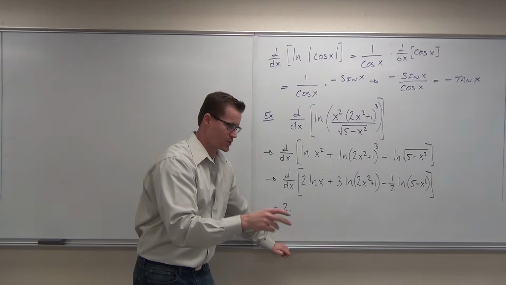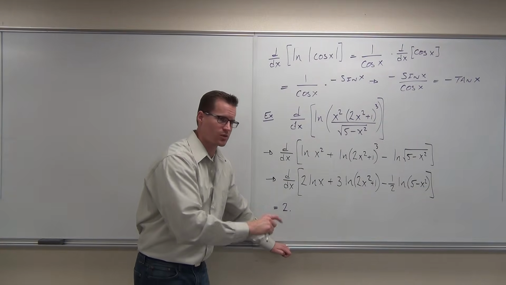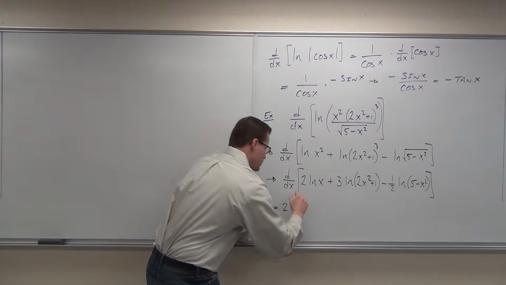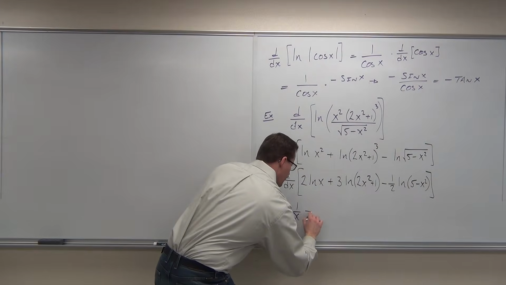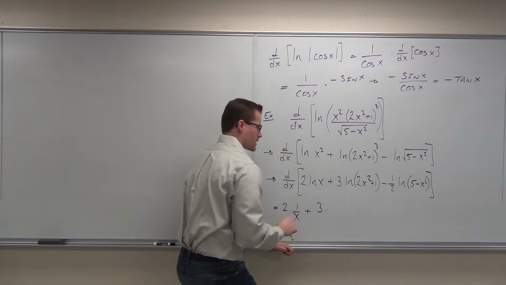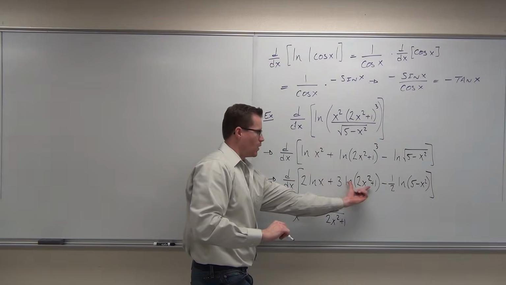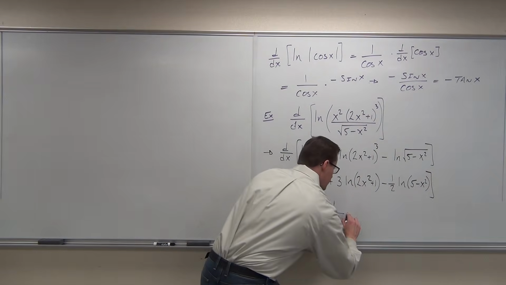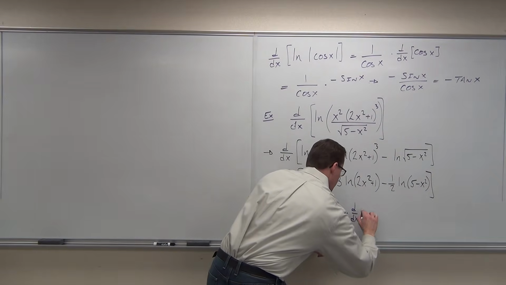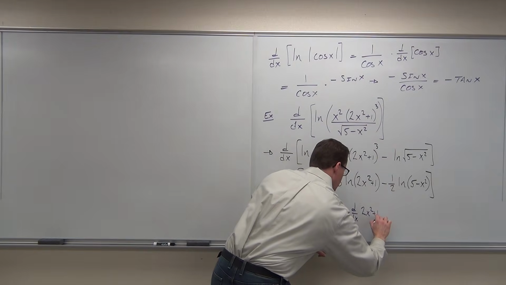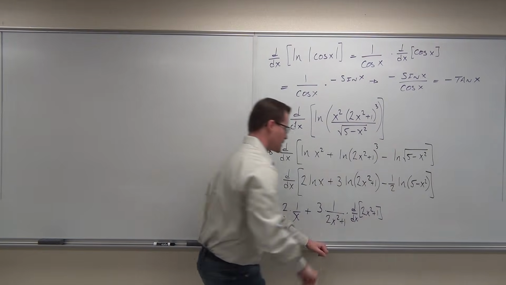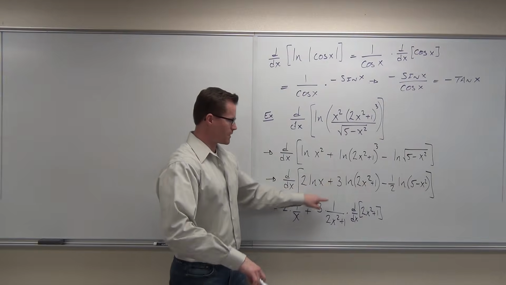You don't need it for constants, only functions of x times functions of x. So no product rules here on any of this. 2 times 1 over x, no problem. 3 times, again, that's a constant. We have 1 over 2x squared plus 1. 1 over the inside times the derivative of the inside. 3 stays there.